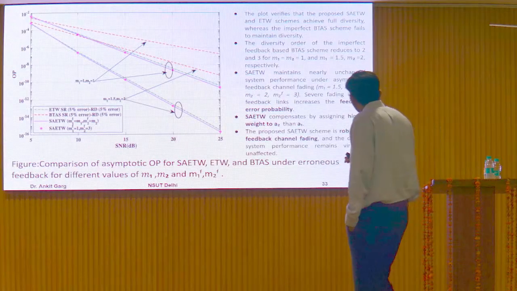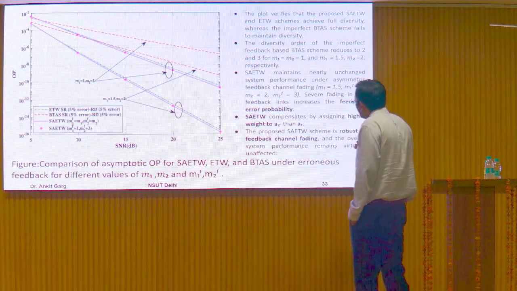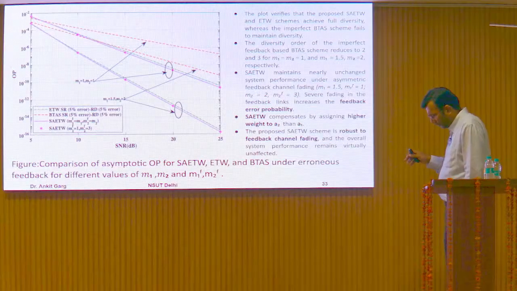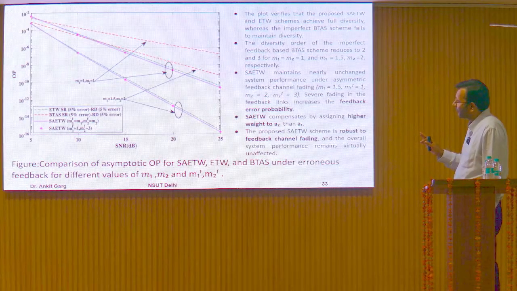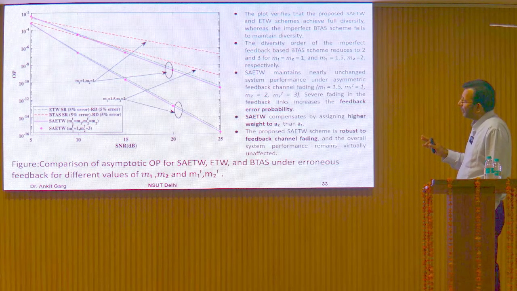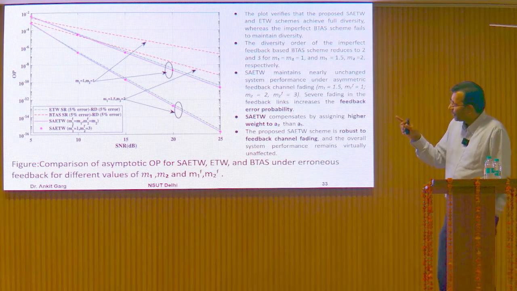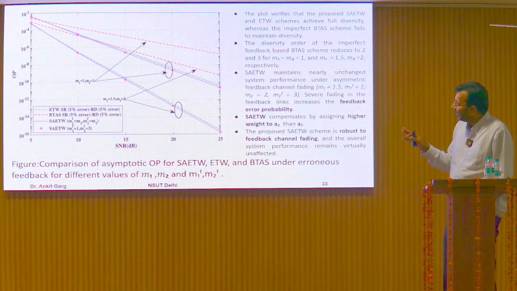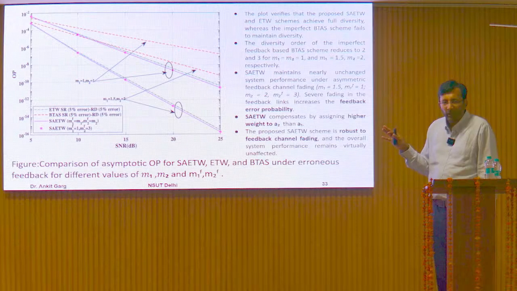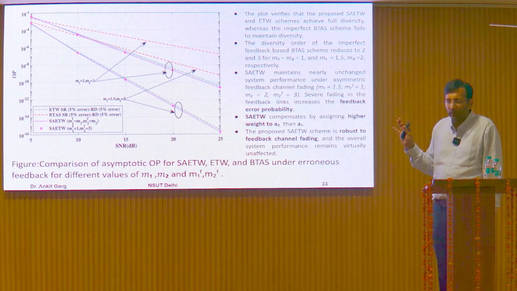So instead of having any value of MF and the forward M1 and M2, we are getting similar performance. The magenta dot and the purple line coincide with each other beautifully, right? Which shows that this SNR adaptive error tolerant wing scheme is quite robust to every scenario.